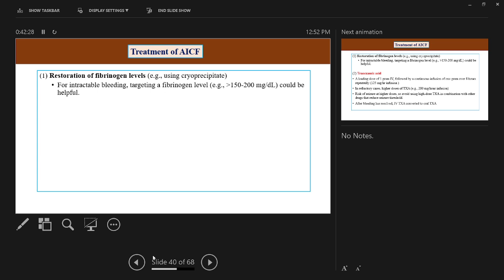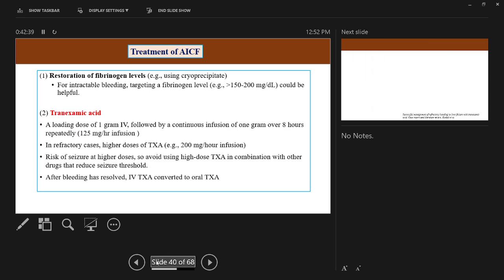So, in the treatment of AICF, the first step is restoration of the fibrinogen levels, and this can be done with the help of cryoprecipitate. For intractable bleeding, target a fibrinogen level of more than 150 to 200 milligram per deciliter. Tranexamic acid: a very important thing is that a loading dose of 1 gram IV followed by a continuous infusion of 1 gram over 8 hours has to be given. Have you heard this before?